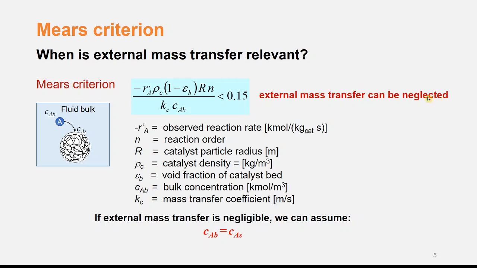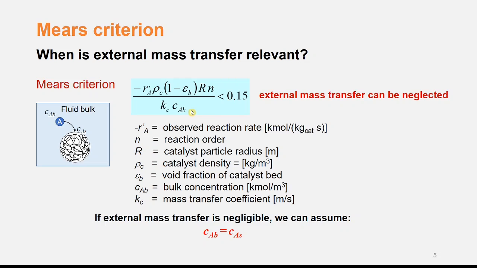In the numerator, you can see the rate of reaction per unit volume of bed that we defined in the last slide. This is multiplied by the catalyst pellet radius and the reaction order. In the denominator is the mass transfer coefficient and the bulk concentration. This is the maximum rate of external mass transfer you can expect when CAS is equal to 0.